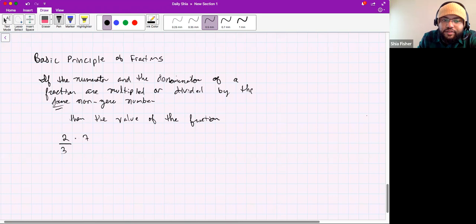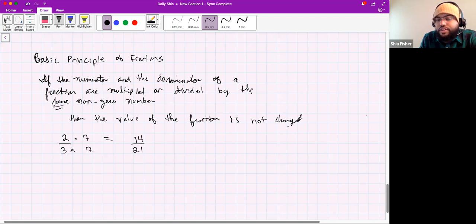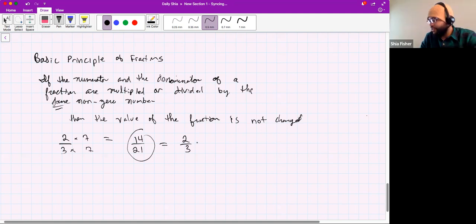So if I took 2 times 7, that would give me 14. And if I took 3 times 7, that would give me 21. What it's saying is that the value of the fraction is not changed. Really? So 14 over 21 is the same as 2 over 3.